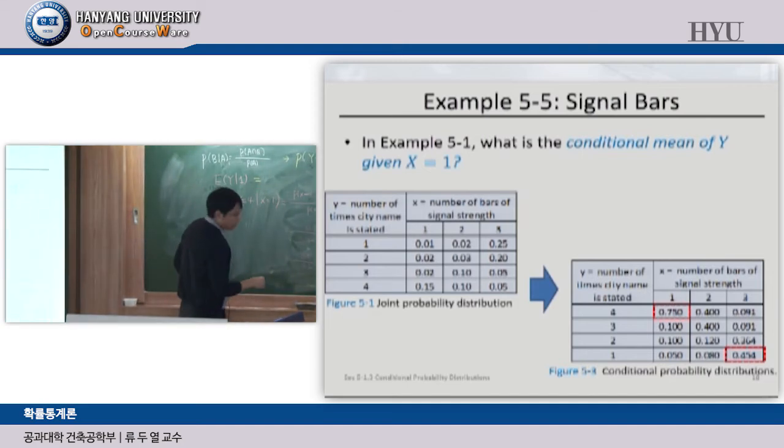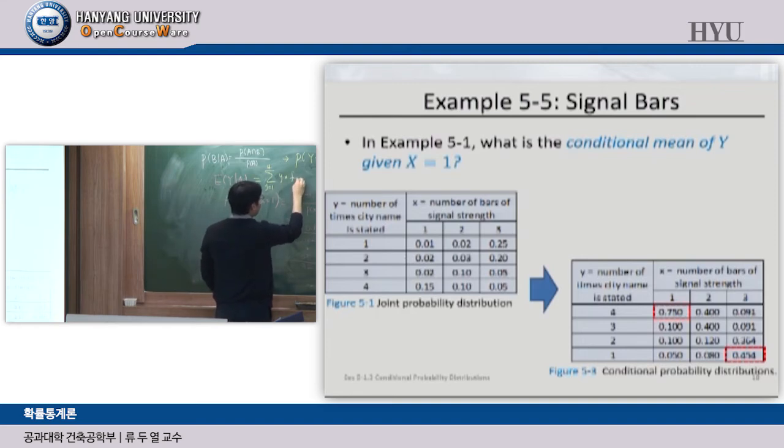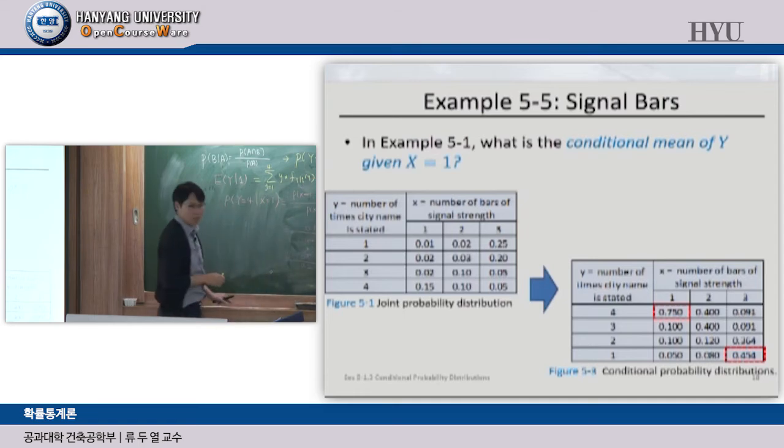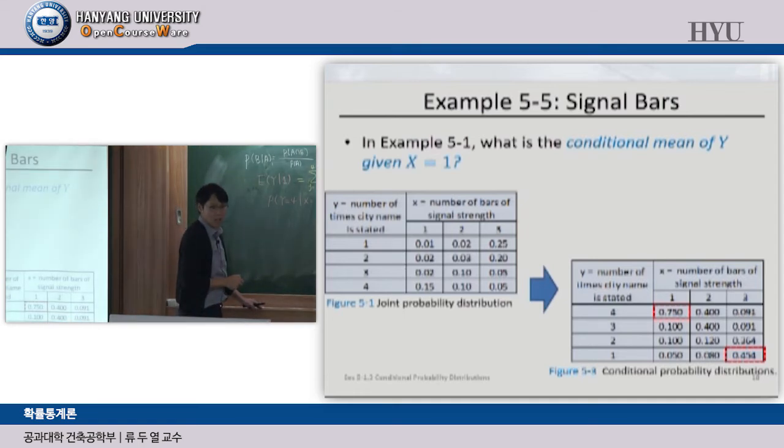And this should be the summation over y from 1 to 4 of y multiplied by the conditional probability of y given 1. Okay? So this is the equation. So we have to solve this one.